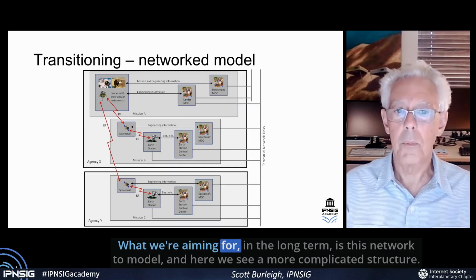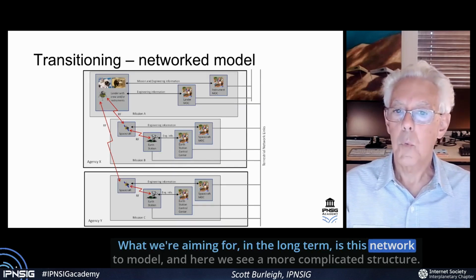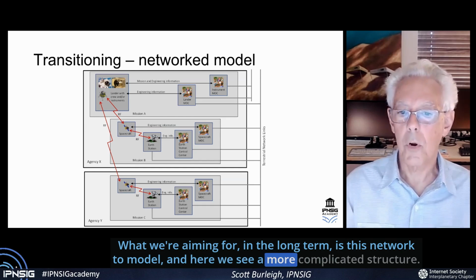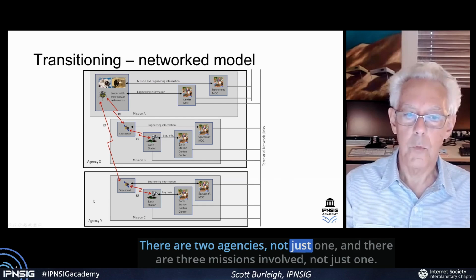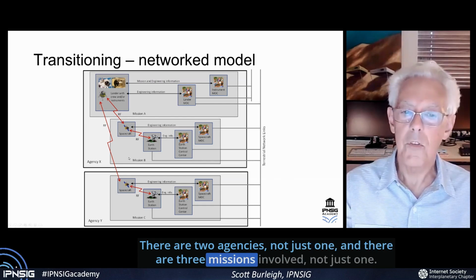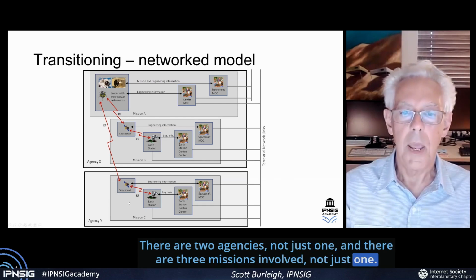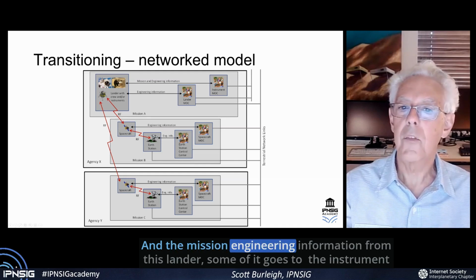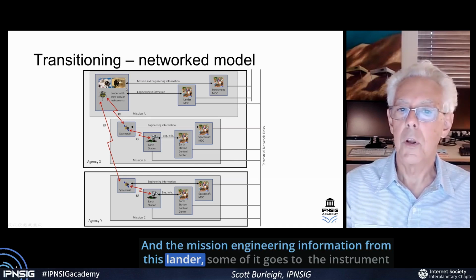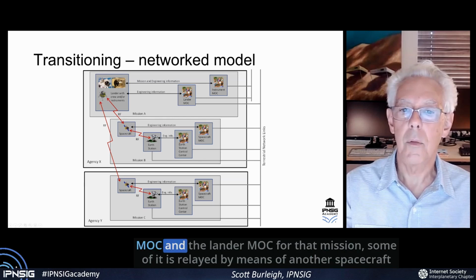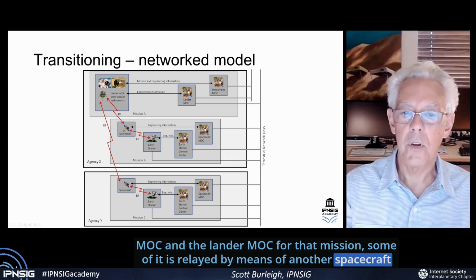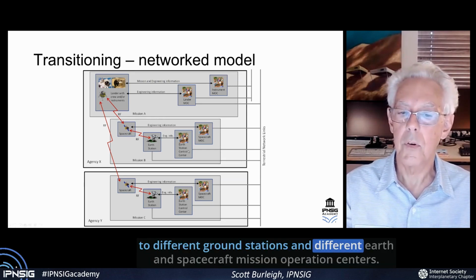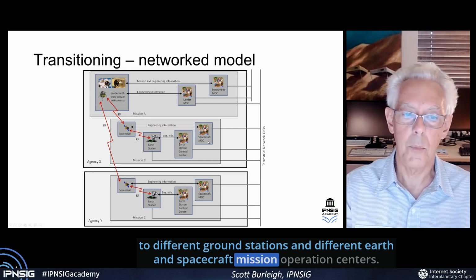What we're aiming for in the long term is this networked model. And here we see a more complicated structure. There are two agencies, not just one, and there are three missions involved, not just one. And the mission engineering information from this lander, some of it goes to the instrument MOC and the lander MOC for that mission. Some of it is relayed by means of another spacecraft to different ground stations and different Earth and spacecraft mission operations centers.